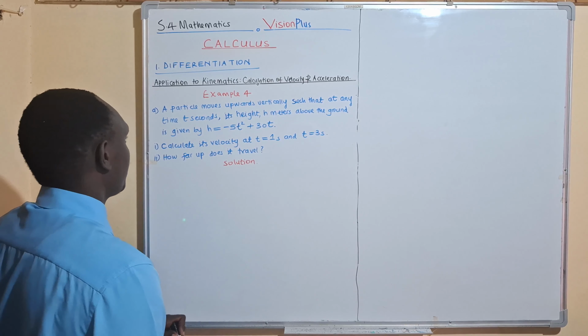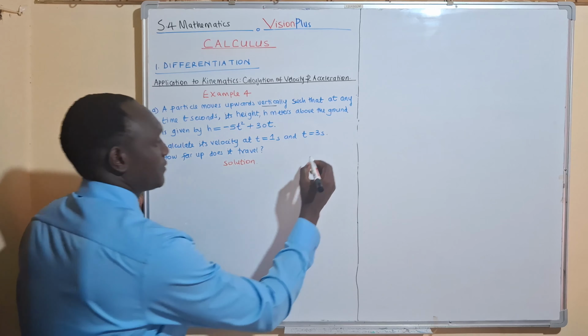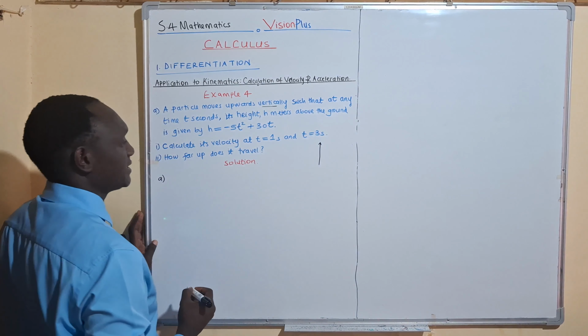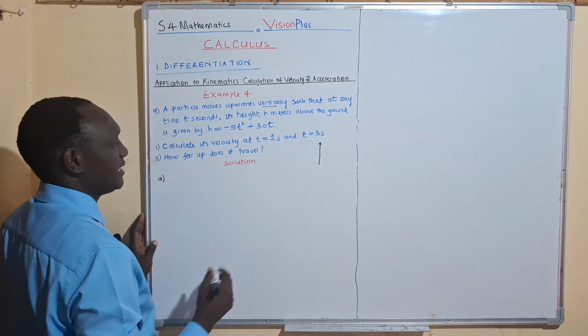It moves vertically upwards, straight upwards, such that its distance from the ground at any time t is given by height. Its height above the ground is given by negative 5t squared plus 30t.